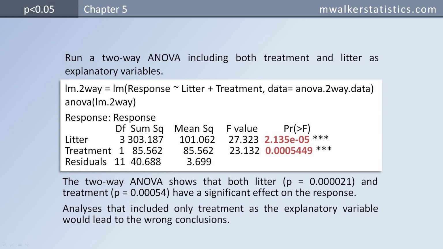The two-way ANOVA shows that both litter, p equals 0.000021, and treatment, p equals 0.00054, have a significant effect on the response. Analyses that included only treatment as the explanatory variable would lead to the wrong conclusions.